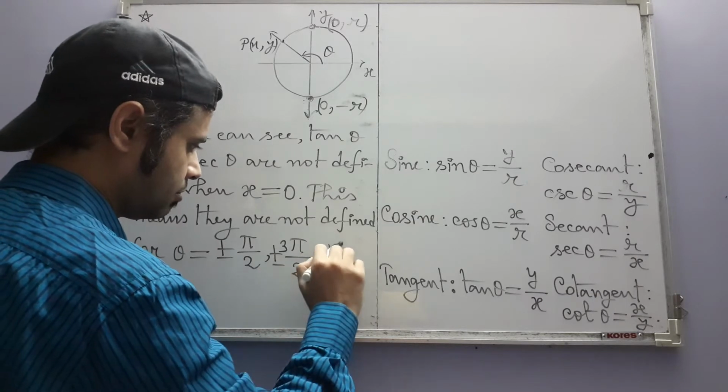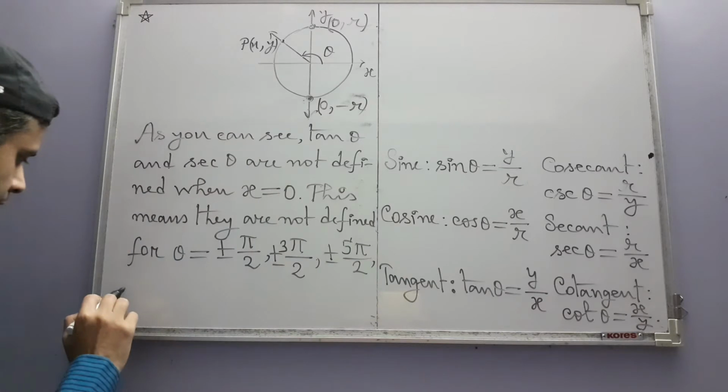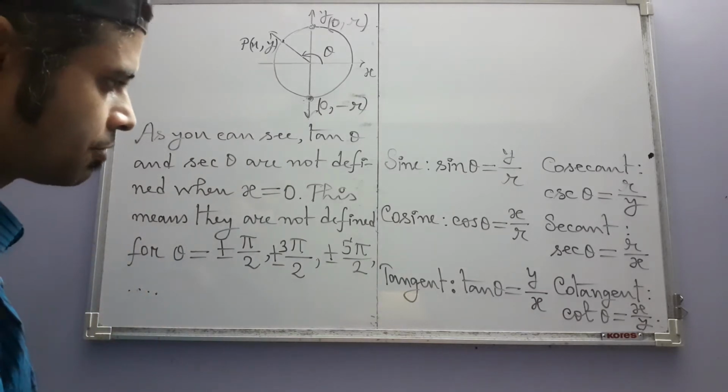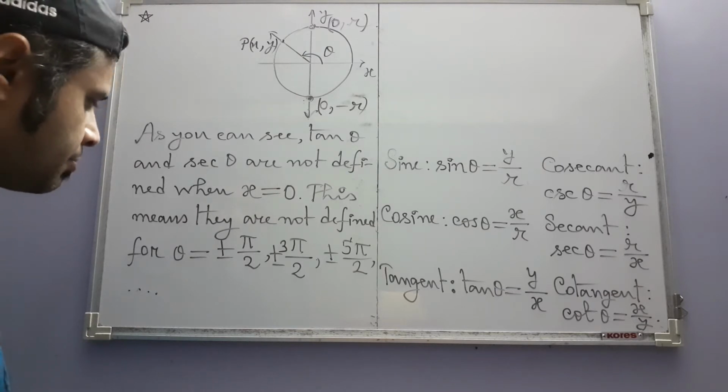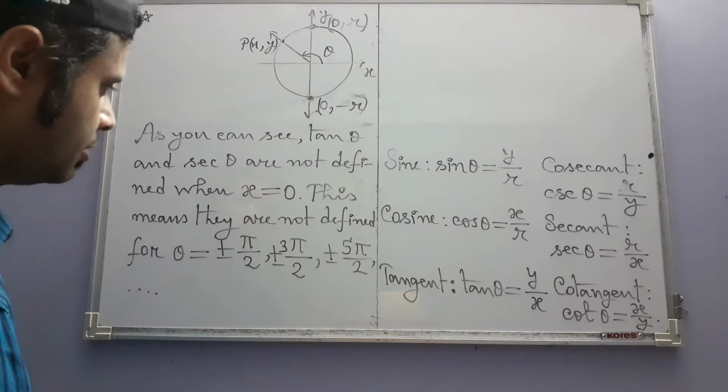Let me write 2 more, 5 pi by 2, just to show the fact that we are considering odd multiples. Okay, so for these values of theta, tan theta and secant theta are not defined.